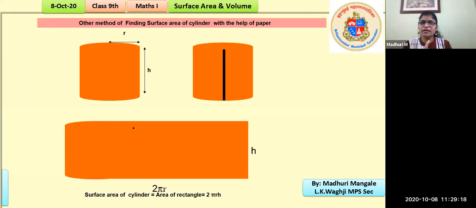The circular part, we know the circumference is 2 pi r. So if you look at that rectangular sheet, the height is h and the base is 2 pi r. And how do we find the area of a rectangle? Simply length into breadth, correct? So length is 2 pi r and breadth is height, that is h. So simply multiplying, we get the formula 2 pi r h.